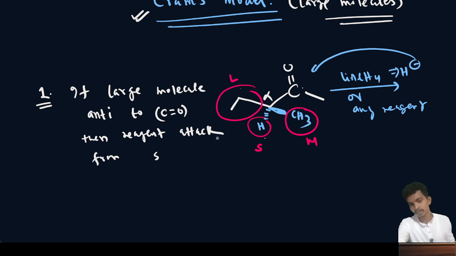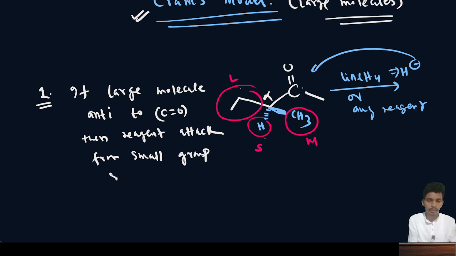Then the stereochemistry of these incoming reagents will be the same as the small group side. The reagent attacks from the small group side, which has the same stereochemistry as the small group side.